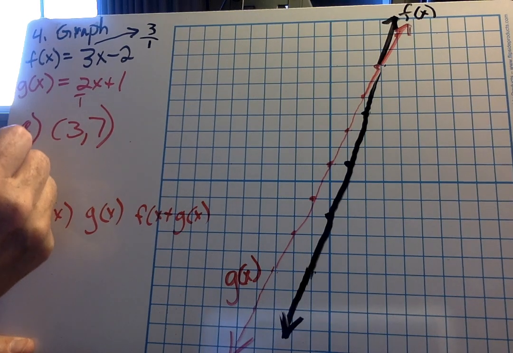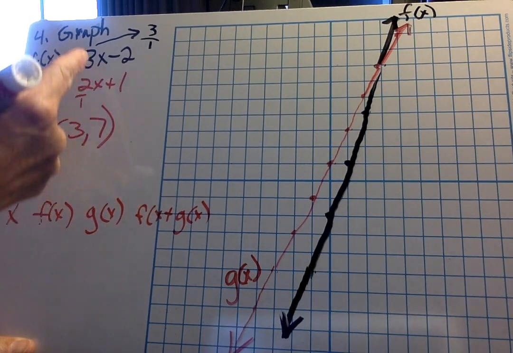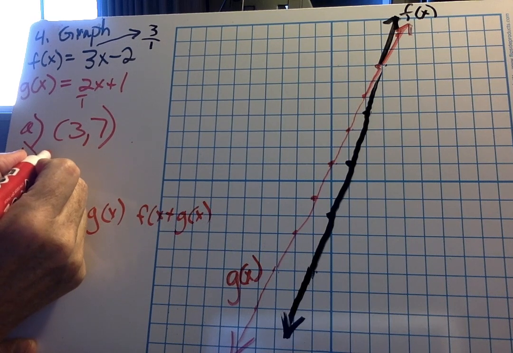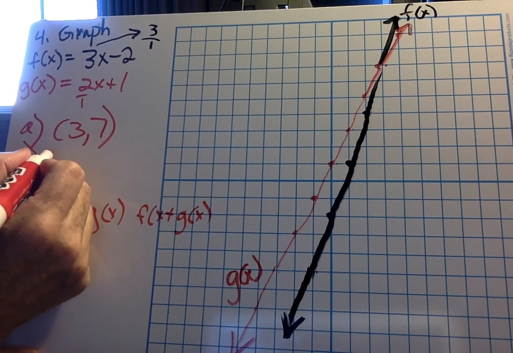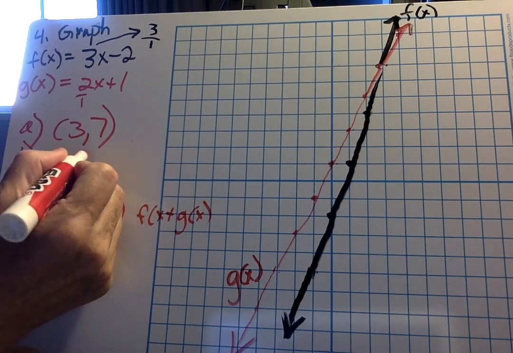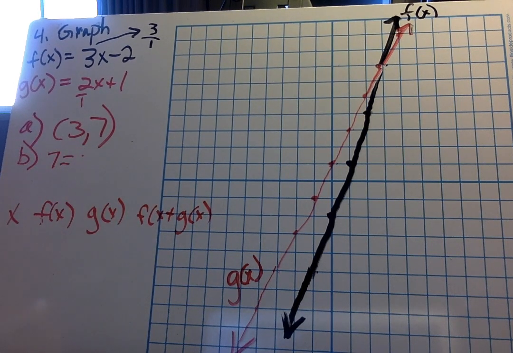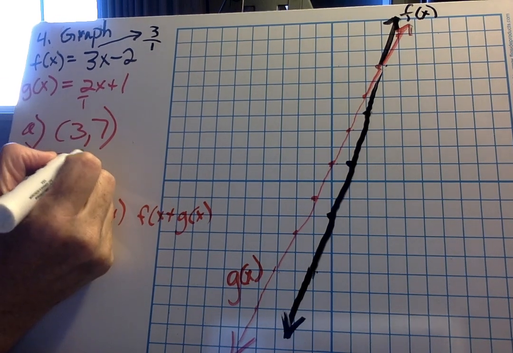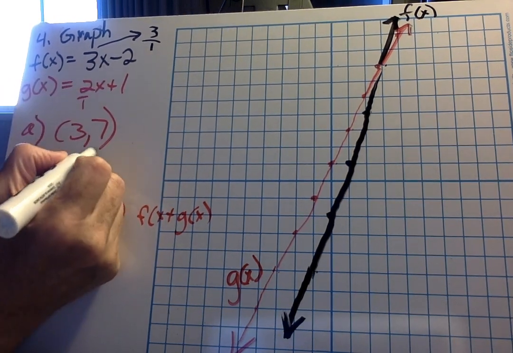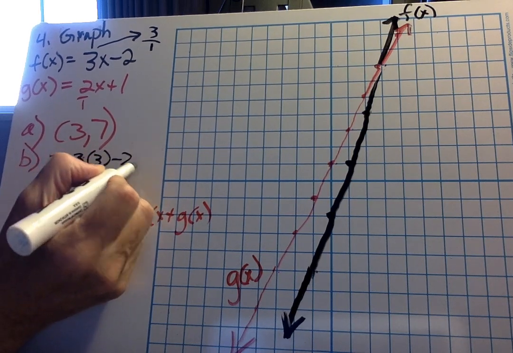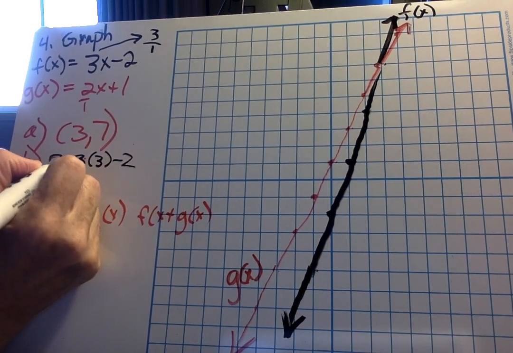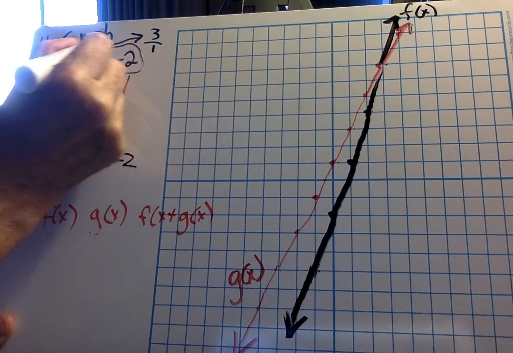Basically, what you're going to do is put 3, 7 into each of these equations. So I'll put, does y, or 7, equal 3 times... Actually, I should be doing this one in black. So does 7 equal 3 times, I'm going to put the x in for 3, minus 2. And this would be this f of x right here.